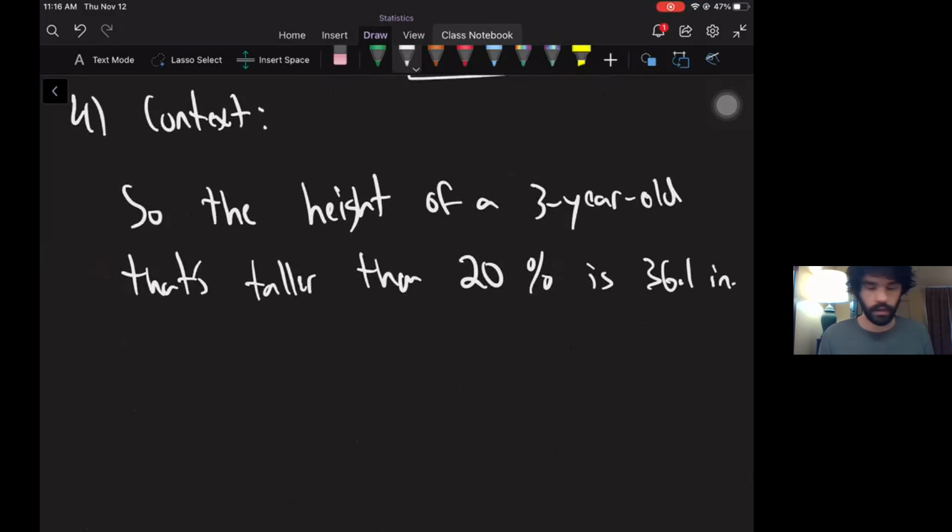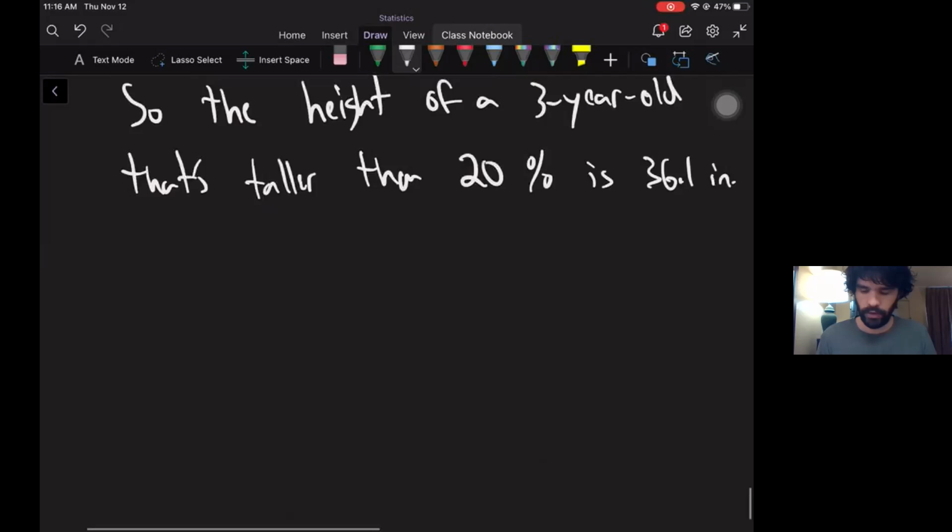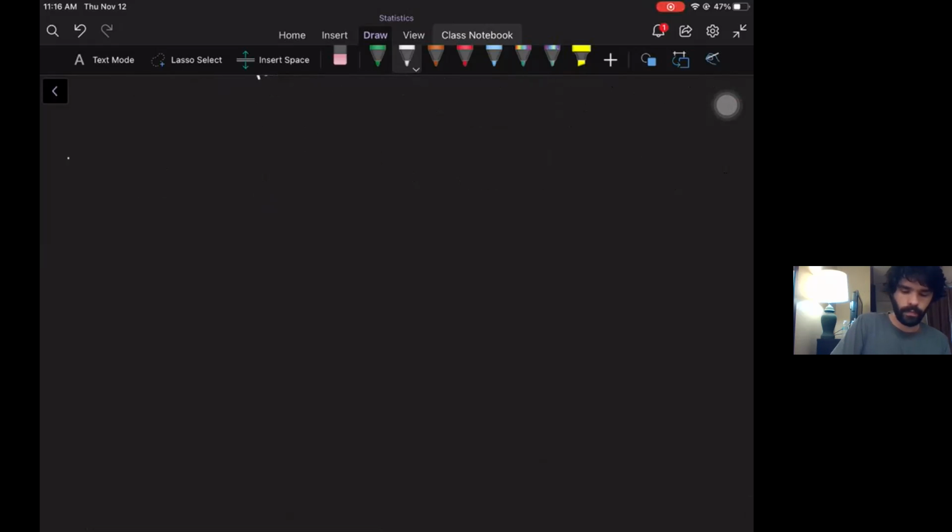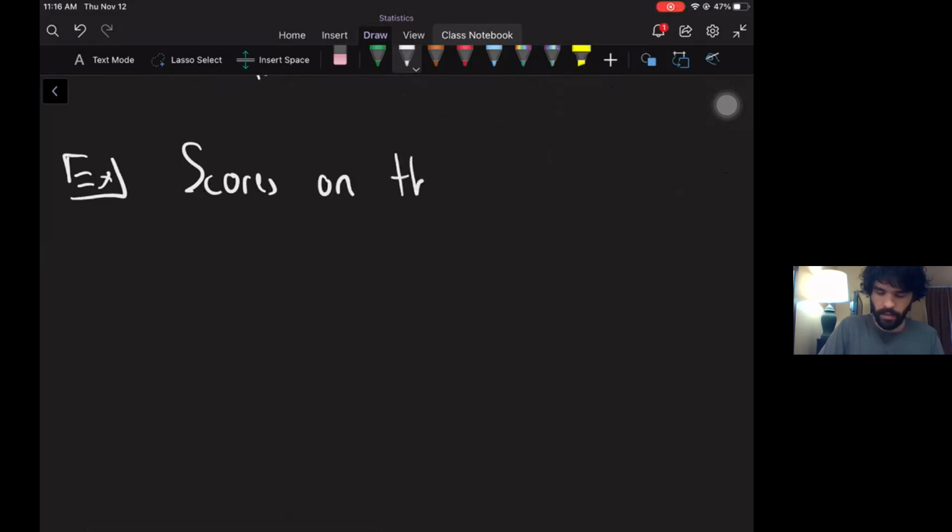All right, so now let's use a different probability distribution. But it all works the same. The only thing that changes is different context. Okay, so here's a very common thing that people look at. It's SAT scores. So scores on the math SAT are normally distributed.